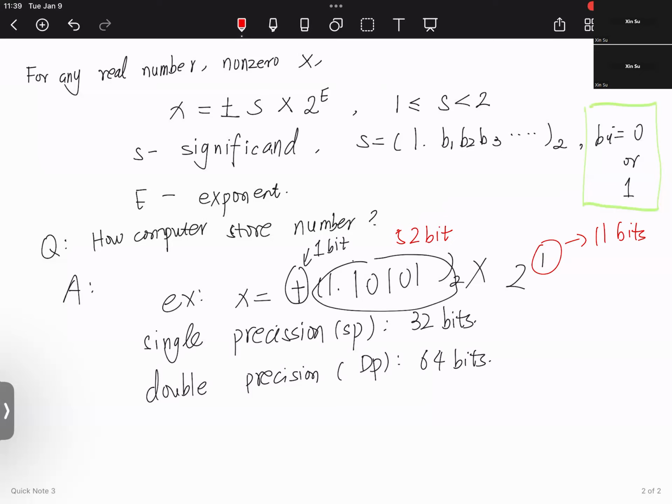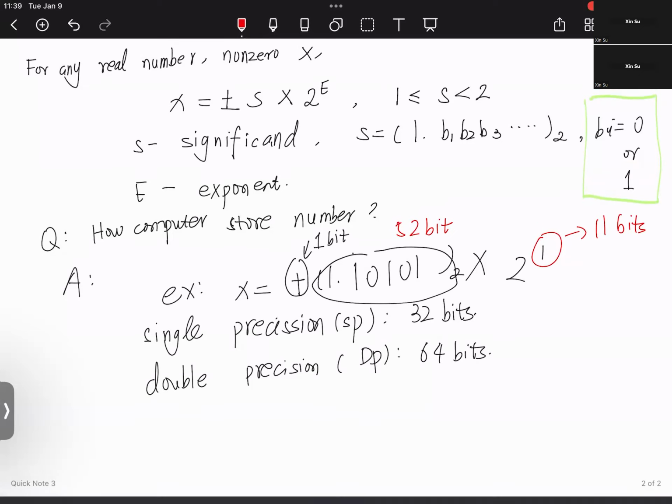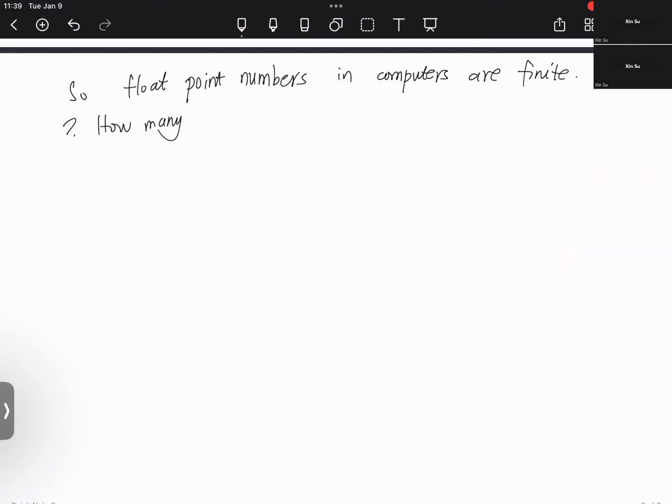So this is the question: floating point numbers in computers are finite, so how many numbers are there?